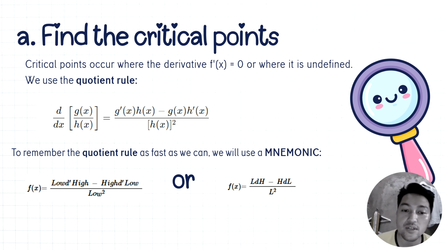To remember the quotient rule as fast as we can, we will use a mnemonic: low d high minus high d low, all over low squared. Here, low is the denominator, so we have low times the derivative of high, minus high times the derivative of low, all over low squared.